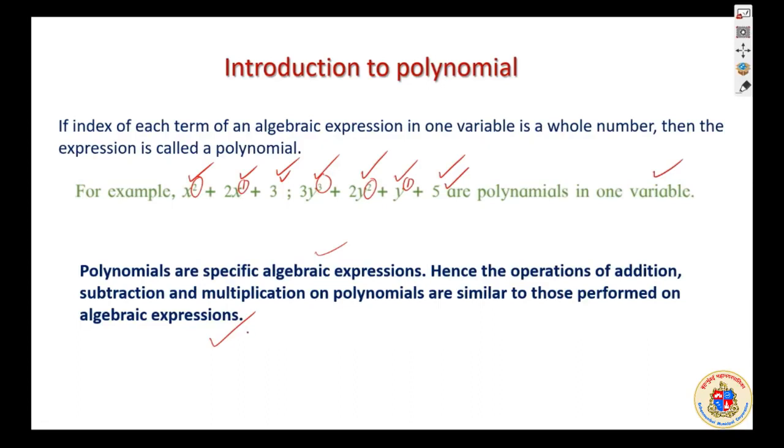As far as subtraction, addition and multiplication is concerned, it is exactly the same as what we do with algebraic expressions. But when it comes to division, there is a big difference. So that's why this chapter has come differently as division of polynomial.